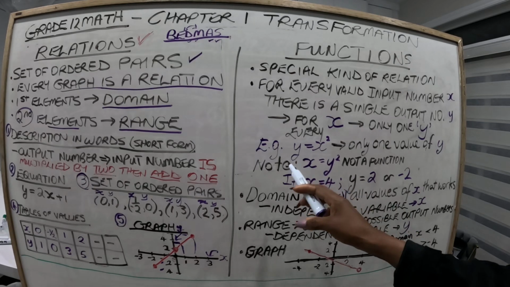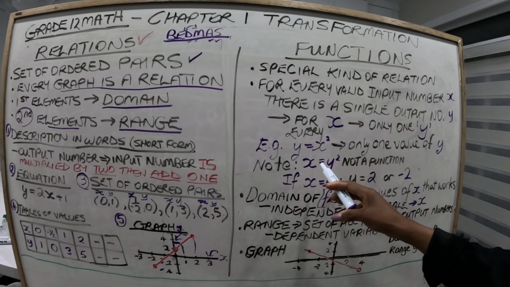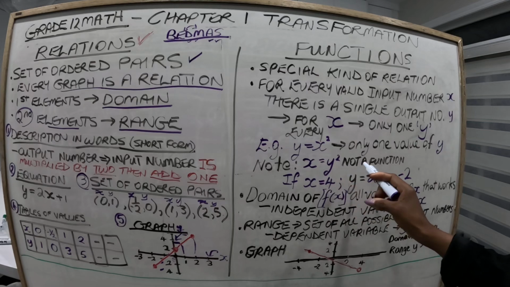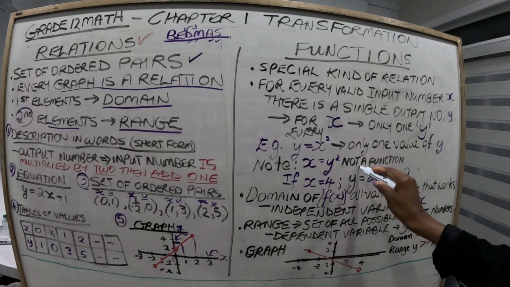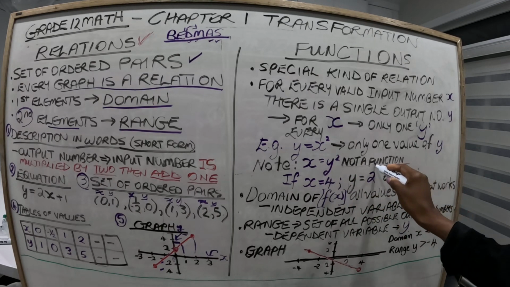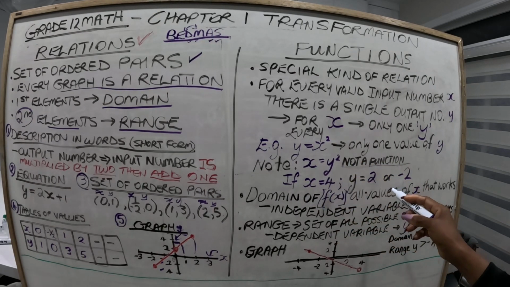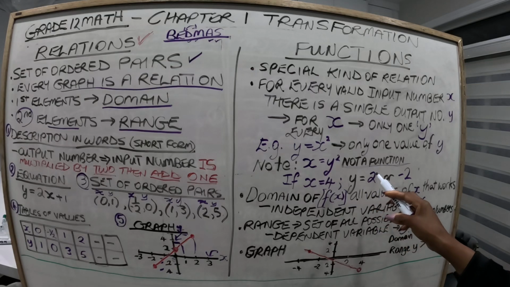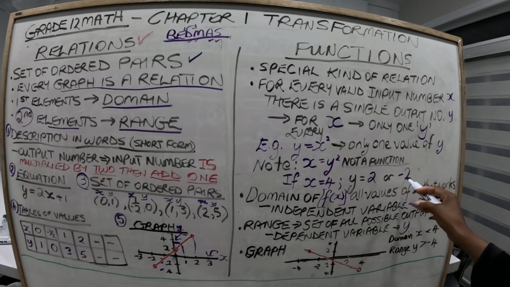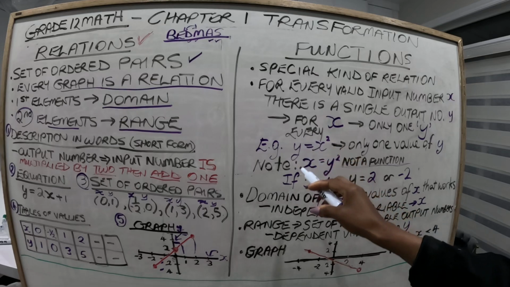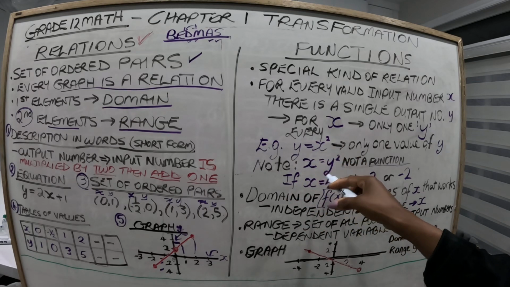So another thing to note is that when x is equal to y squared, this is not a function. Not a function. And the reason why is because y can be equal to either 2 or -2. So while it works this way, it doesn't work that way. See that?